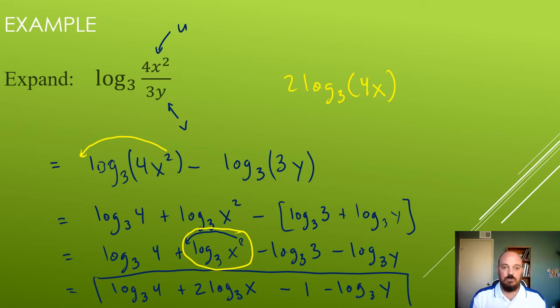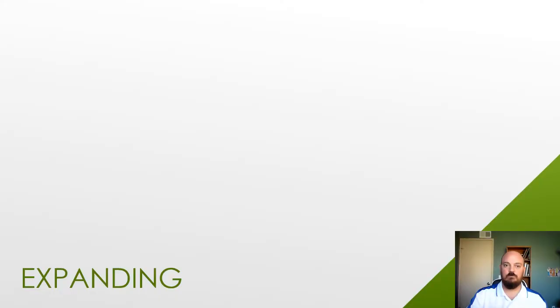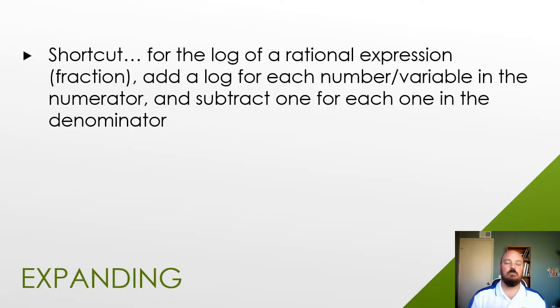Now the other thing I want to do is show you kind of a shortcut on this because there's actually a much easier way to do this question. So we'll go back and we'll rework this question in just a second, but think of it this way. Instead of right at the beginning, I said, okay, let's do u over v. So I had the 4x squared and the 3y. And I said, okay, so I had log of 4x squared, log of 3y, one minus the other.